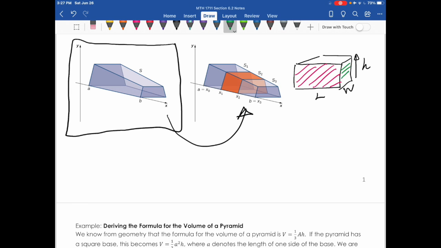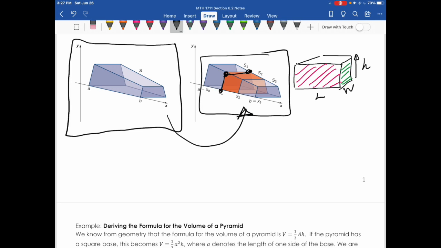So we can find the cross-section area and then multiply it by the width to get the volume. So imagine that instead of doing rectangles now, we're making slices that are three-dimensional.